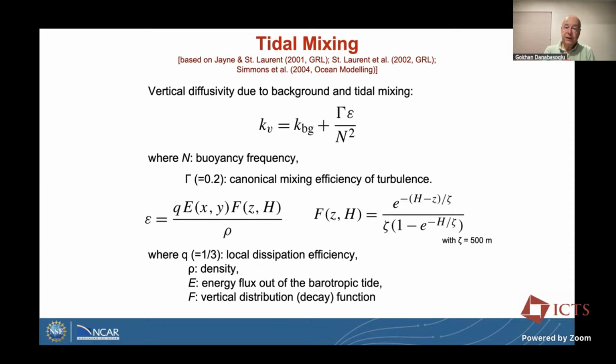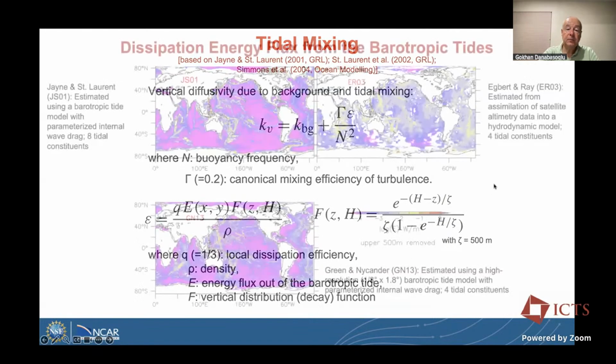I should mention that tidal mixing in this case is primarily enhanced over rough topography. So this F function is large at depth where the ocean ridges are, and then becomes smaller as you go higher up, with an e-folding scale of roughly 500 meters.